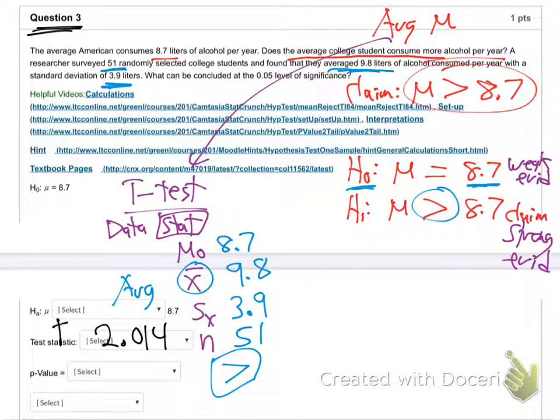That's the t test statistic, 2.014. Y'all getting that? And then the P value right below it, p equals 0.024689. I don't know how far they want us to round, but there's a bunch of digits anyway.